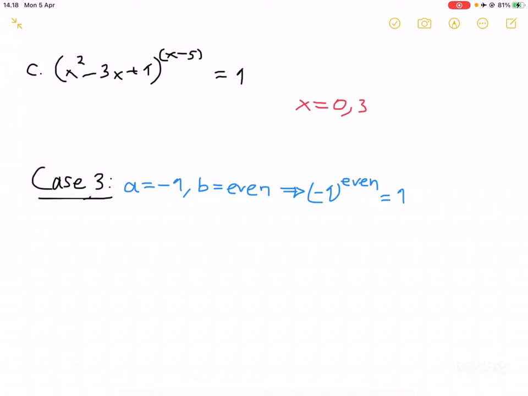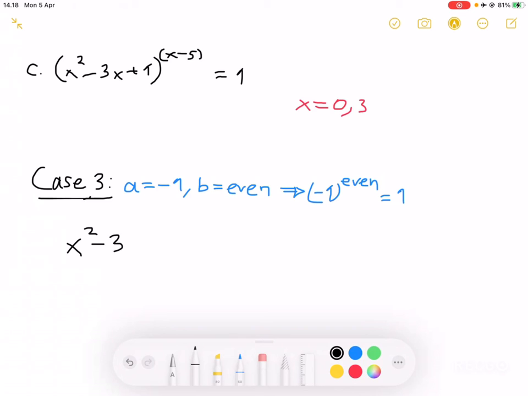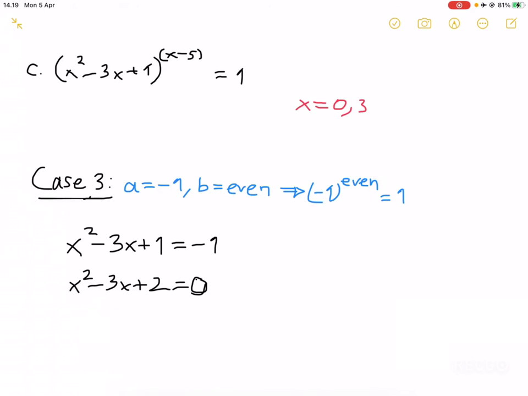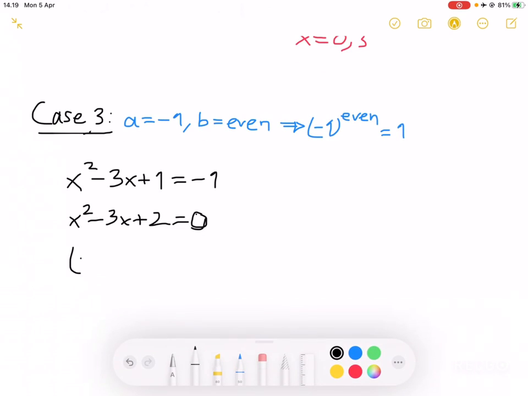Case 3 is where the base is equal to negative 1 and the exponent is even. So we set x squared minus 3x plus 1, which is the base in this expression, equal to negative 1. Add 1 on both sides, and then we can solve this by factoring, or you can complete the square or use the quadratic formula if you prefer.